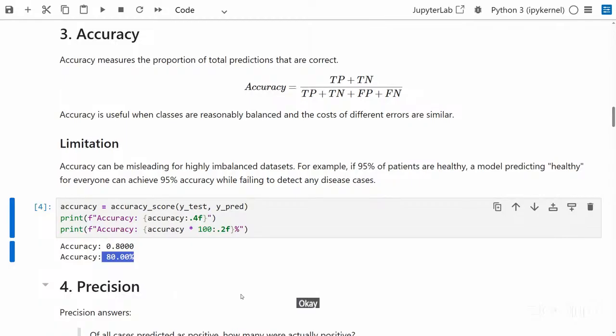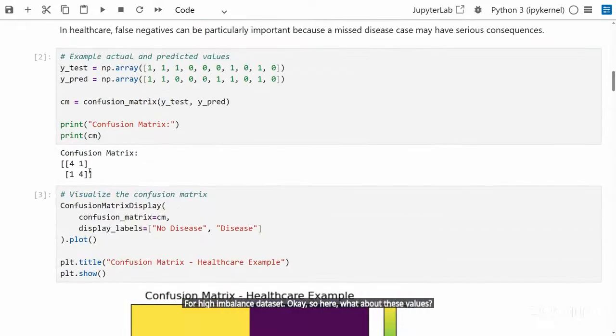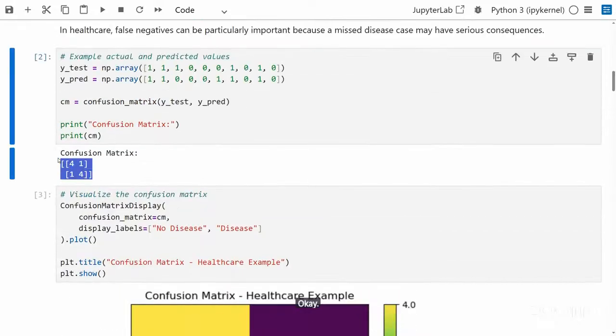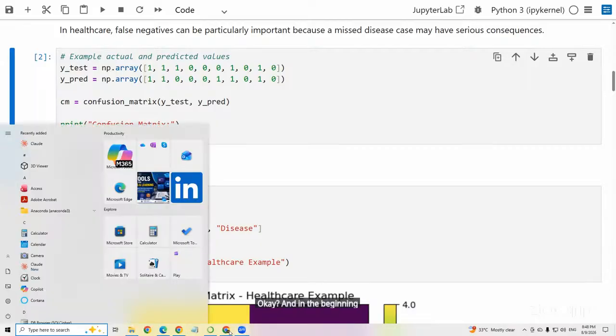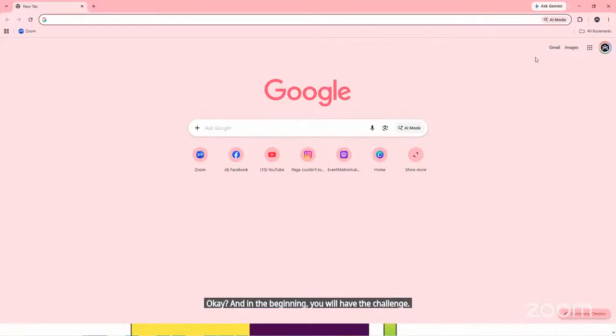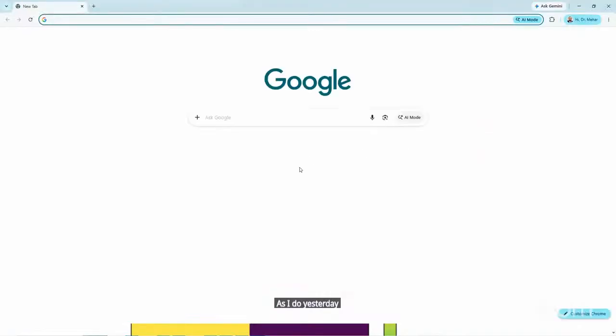Accuracy can be misleading for highly imbalanced data sets. And in the beginning you will have the challenge, so as I did yesterday, you can take help.